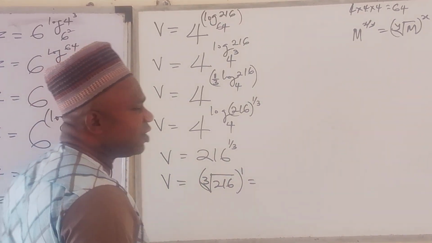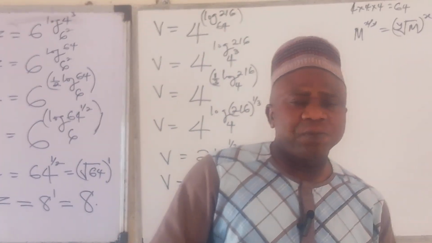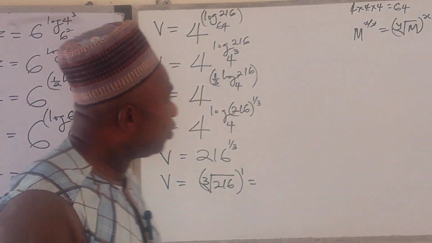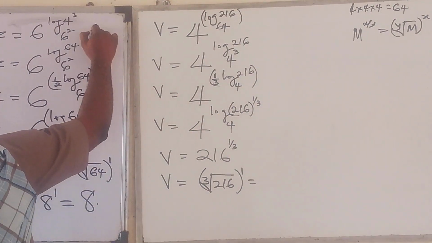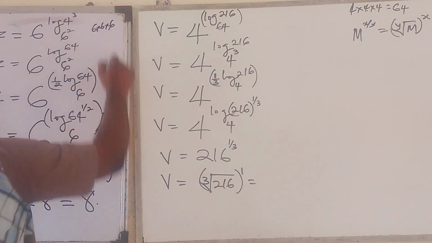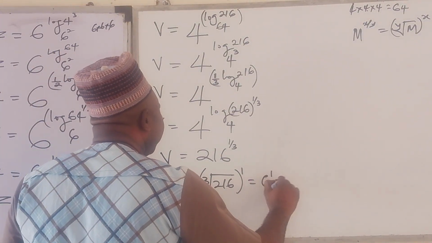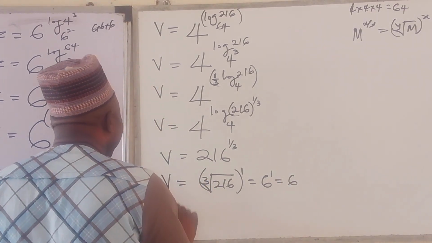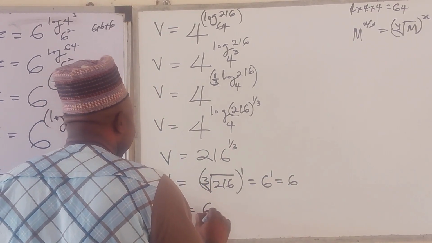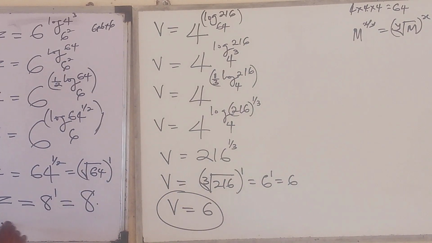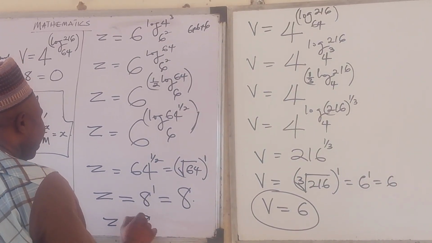And the cube root of 216 is a number that will multiply itself three times to give you 216. And of course, the number is 6, because 6 times 6 times 6 is 216. So here we have 6 raised to the power of 1, which is equal to 6. So the value of v is equal to 6. Now we have seen the value of v. The value of v is 6, and the value of z is 8.